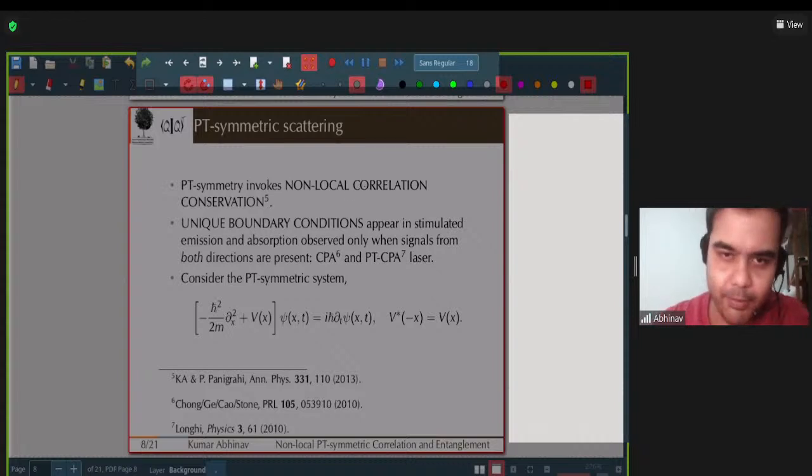One was the CPA, the coherent perfect absorber. It was seen that if you have certain laser signals arriving in a medium with a complex refractive index, under certain conditions, the light was completely absorbed and nothing was emitted.